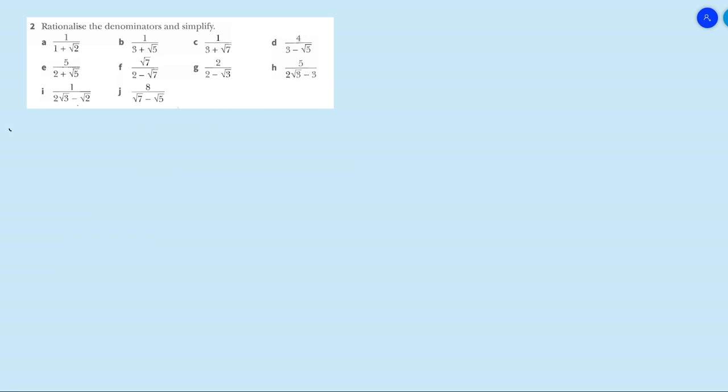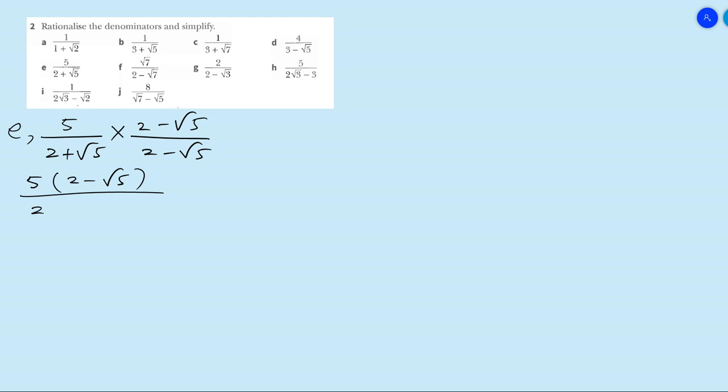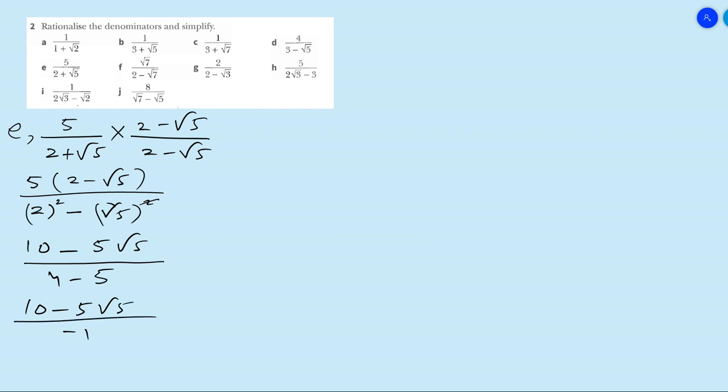Come to part E. 5 upon (2 plus root 5). Multiply and divide by (2 minus root 5). 5 into (2 minus root 5), upon (2 plus root 5) into (2 minus root 5), which is a plus b into a minus b, a square minus b square. 5 twos are 10, minus 5 into root 5 is 5 root 5, upon 2 square is 4, and the square and root cancel, it will be 5. (10 minus 5 root 5) upon 4 minus 5, which is minus 1.